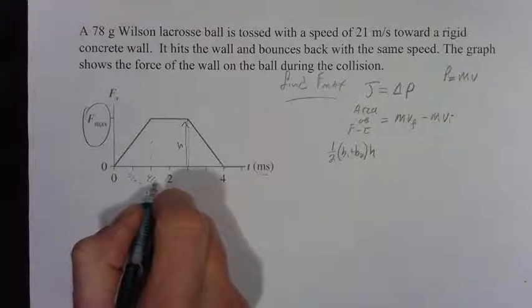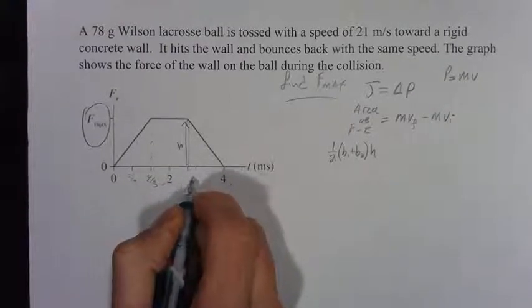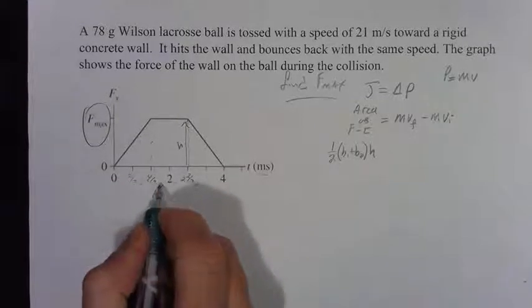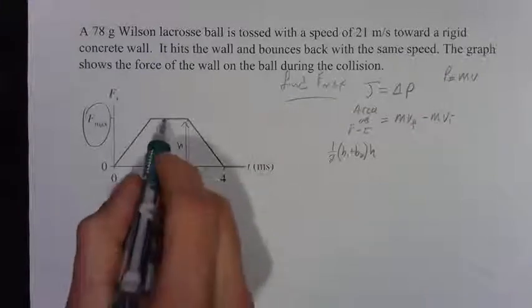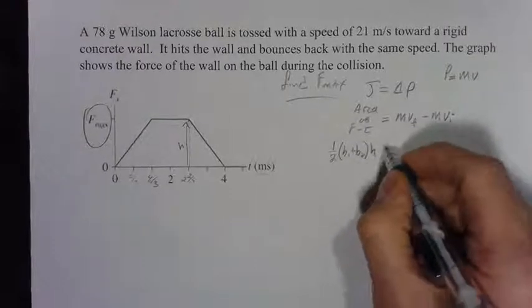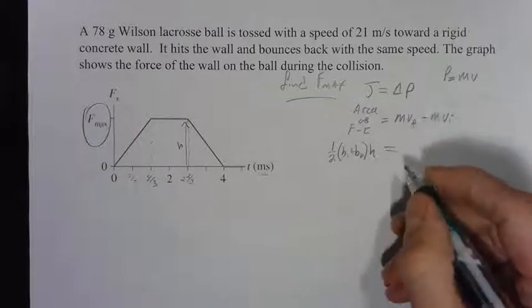That's 4/3. And then this would be another 2 2/3. So from here to here, that's 4/3, this base, 4/3. So there's our bases 1 and 2. We'll come back to that.